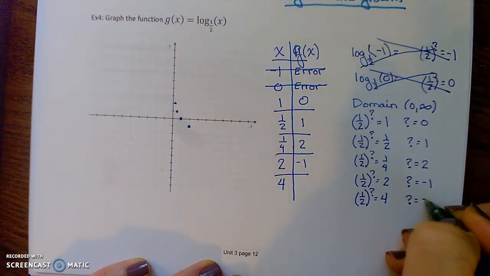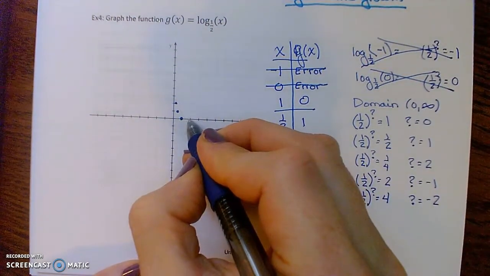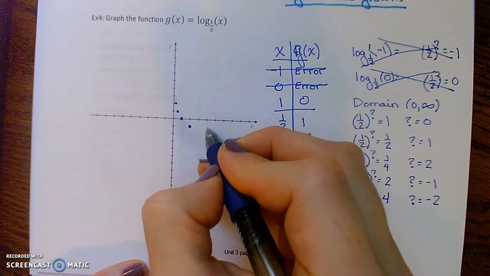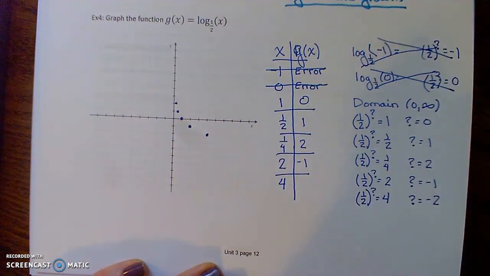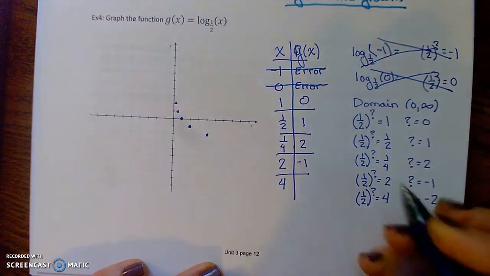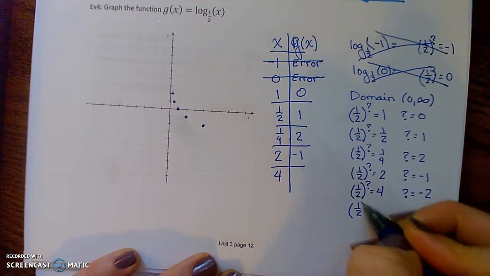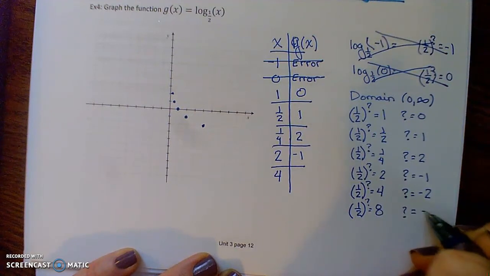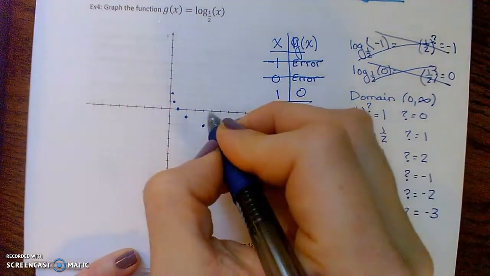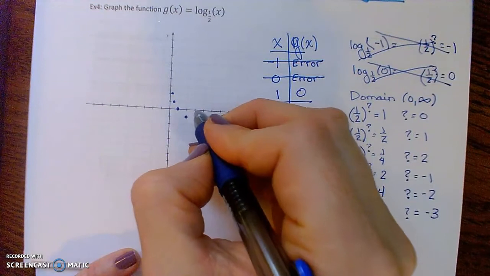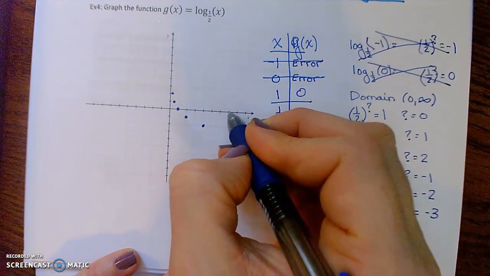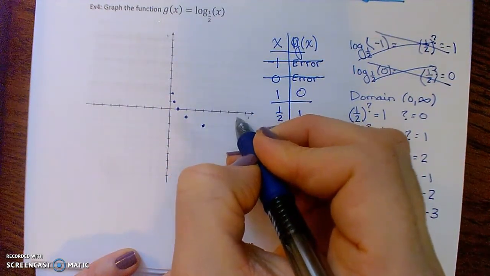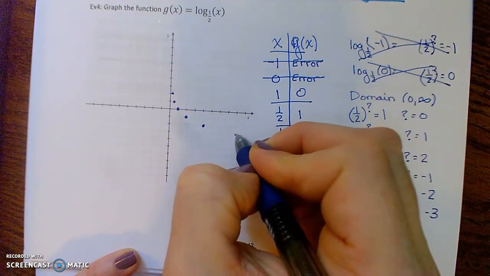That power would have to be -2. And one last. 1/2 to what power would give us 8? That power would have to be -3. So if I plug in 8, we get out -3.